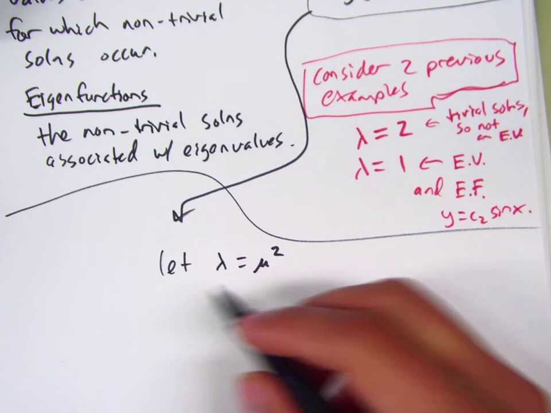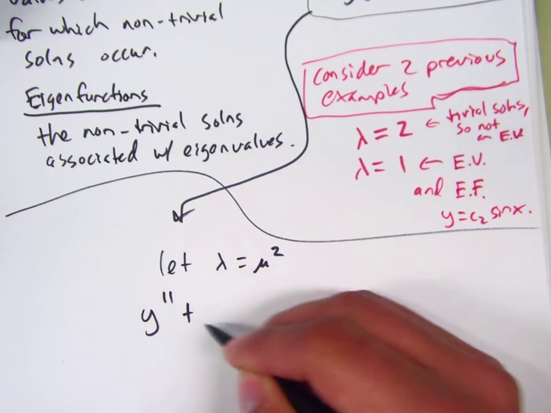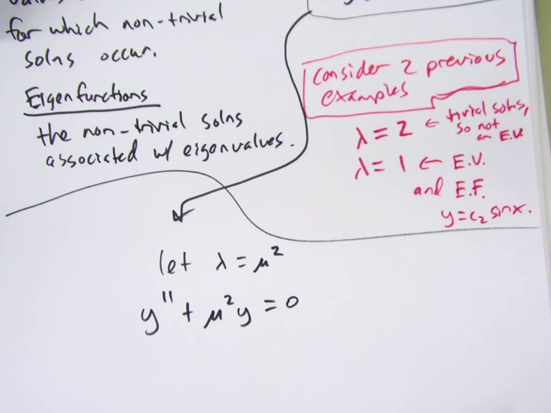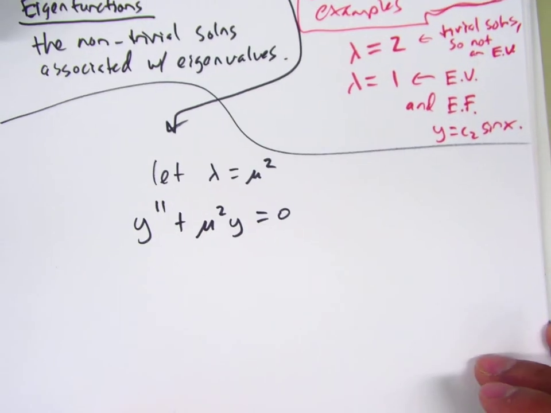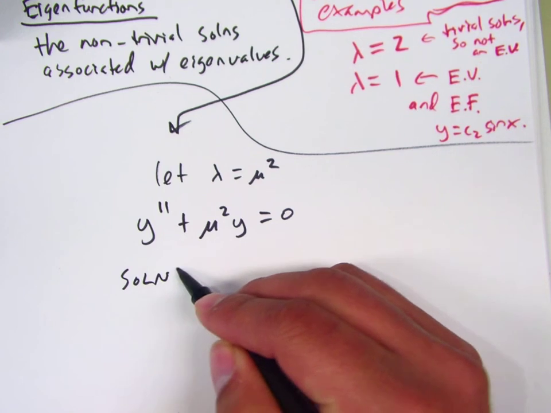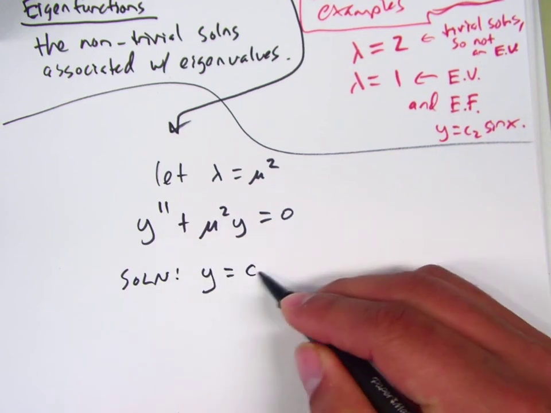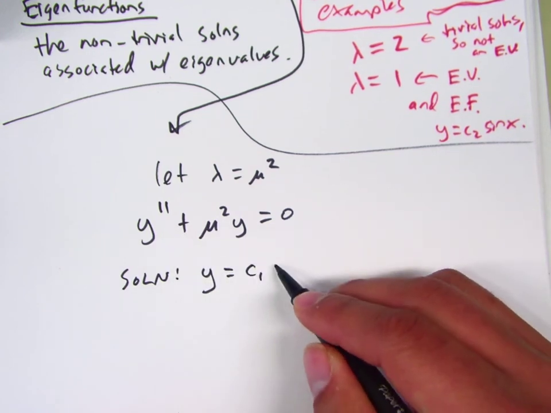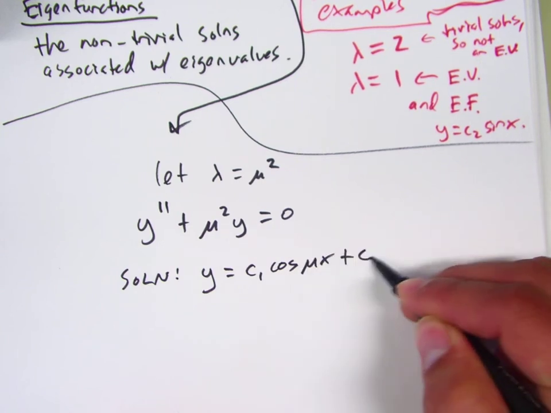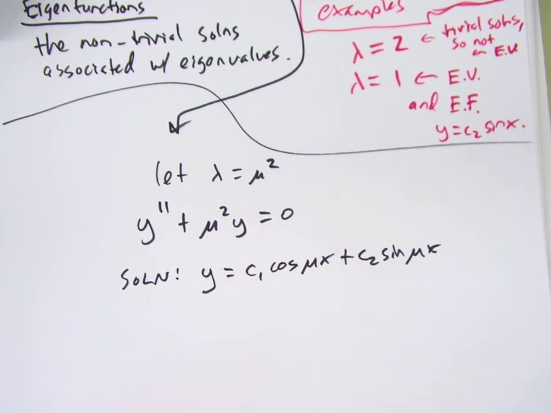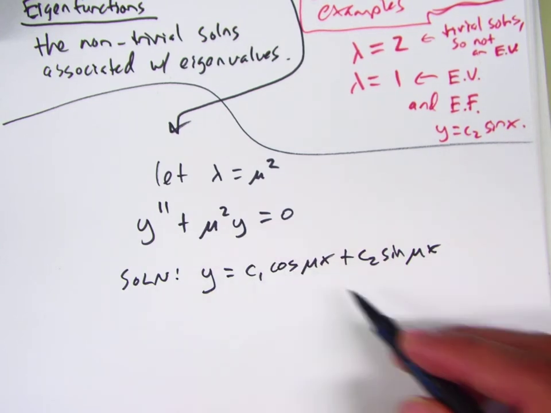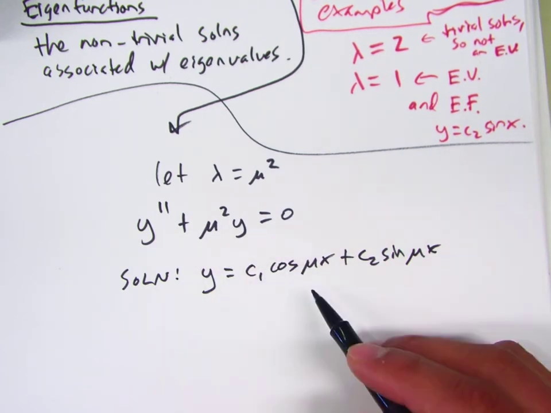And so now we have y double prime plus mu squared y equals 0. Then the solution would be y equals c1 cosine of mu x plus c2 sine of mu x. Do we know where we're getting that from?